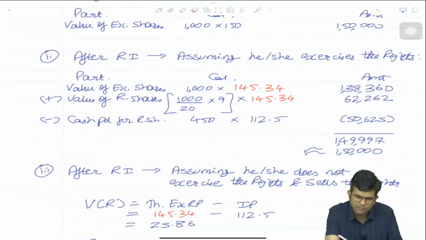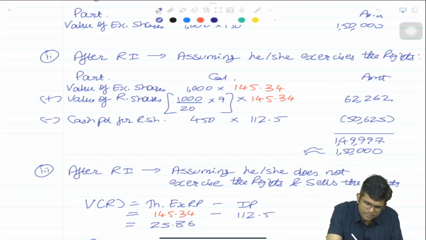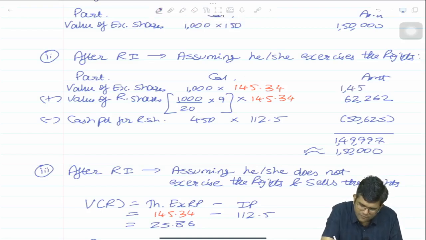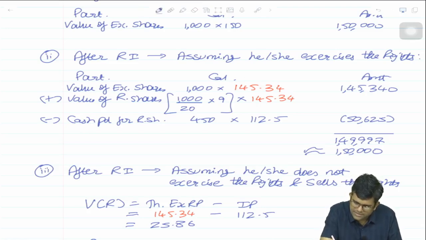Instead of 1,38,360, this will be 1,45,340. This will be 450 into 145.34, which is 65,403.